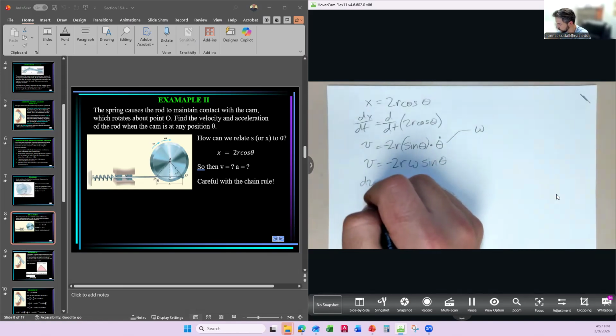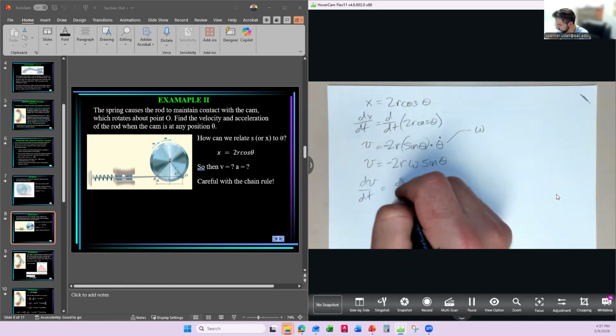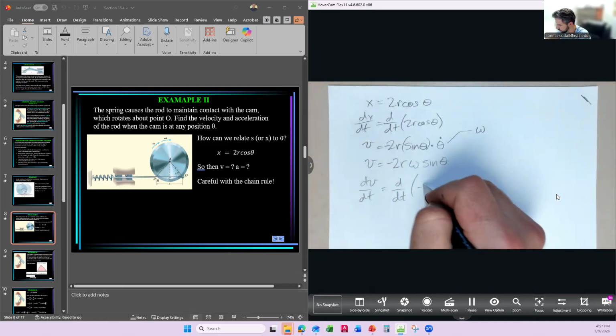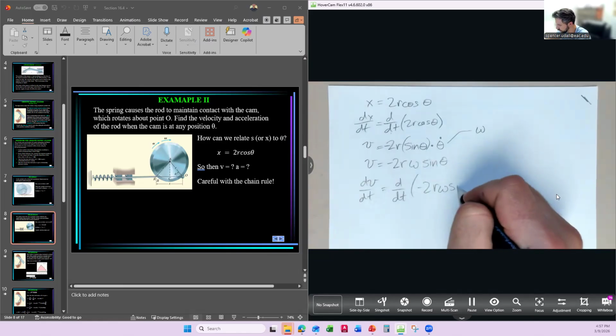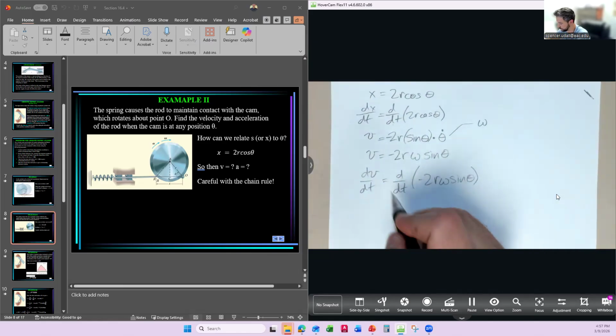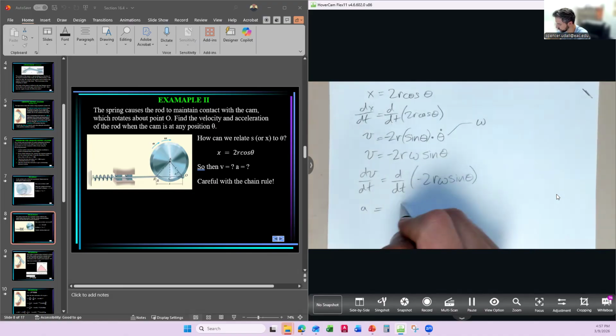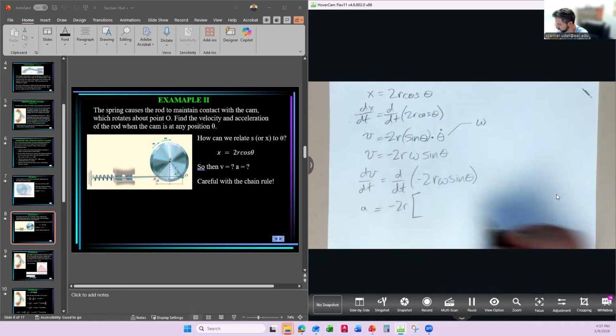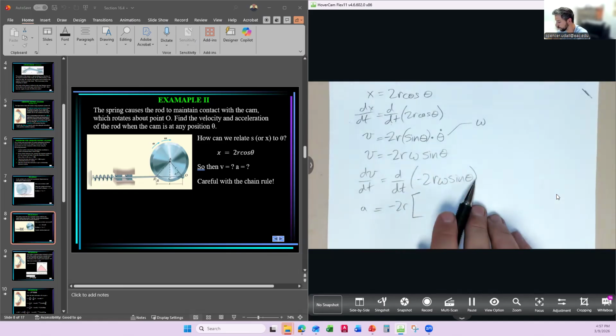Now let's do one more time derivative of both sides. See what we do. So this is going to turn into a, and the time derivative over here is going to be negative 2r, still a constant. Now I've got omega times sine theta, which are both functions of time.